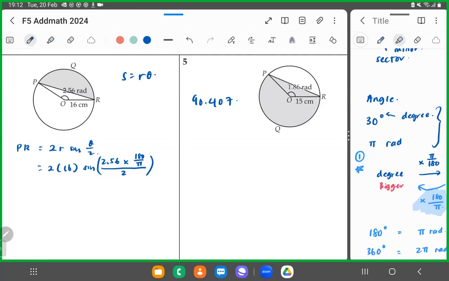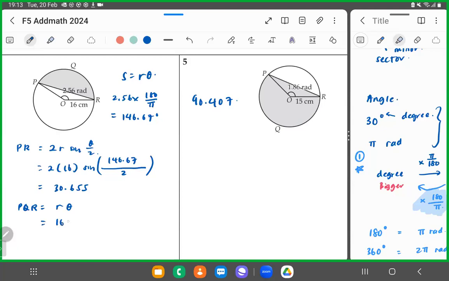If you feel it's difficult to read, then you change the radian on the other side: 2.56 times 180 over pi. You change first to degree and write it in another place. This one is 146.67, so here you write 146.67 like this, can also. So for this one, you will get 30.655, I think.